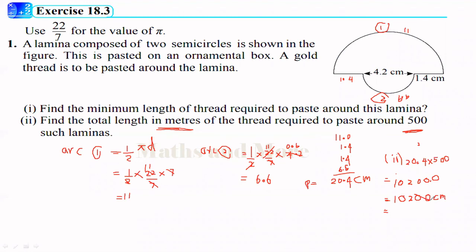If you cancel these 2 zeros, then 102 will be the answer. So let's write 102 meters. What is the answer? You need 102 meters. This is called a lamina. If you want to paste a thread around this to make 500 such laminas, you need 102 meters.